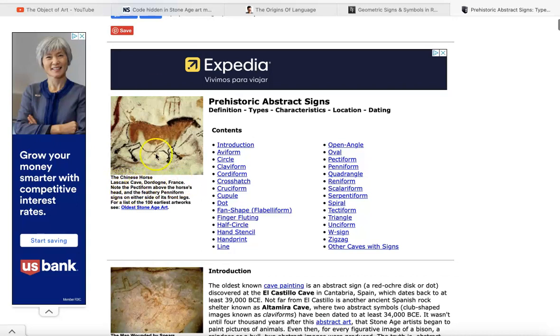Note the pectiform above the horse's head, and the feathery penniform signs on either side of its front legs, there they are. For a list of the 100 earliest artworks, the oldest Stone Age art. Okay, cool.